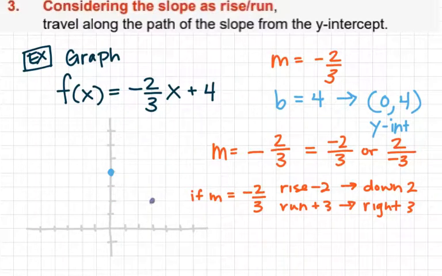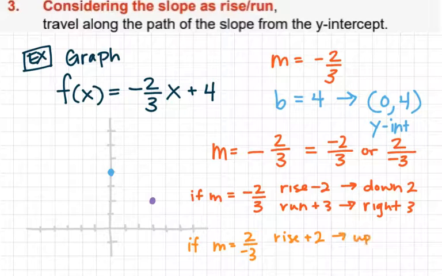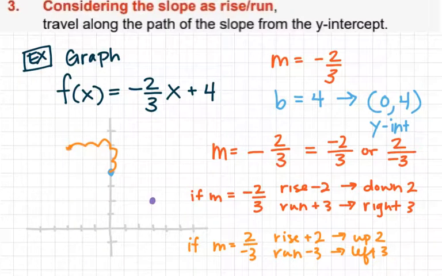Suppose, however, we'd looked at it the other way. If m equals 2 over negative 3, the rise is positive 2, so we go up 2, and the run is negative 3, which means we run left 3. So if I go up 2 and left 3, that takes me to this point right here.